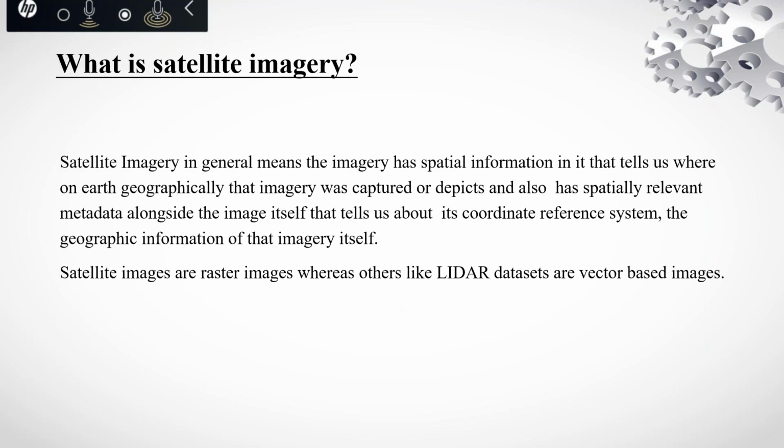The images which are taken from above are called raster images. Raster images are basically like a box, and we are dividing the box into several rows and columns.